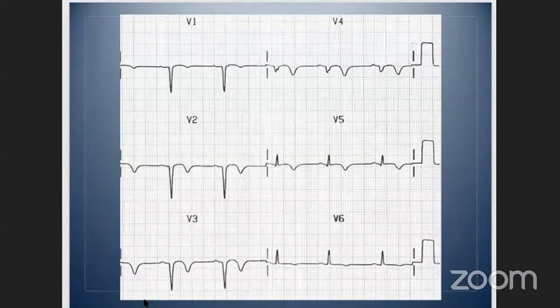So it's right axis deviation. And then looking at our PR interval, that is still regular. And then we have these deep pathological Q waves in our precordial right-sided leads. And then we have a somewhat biphasic T wave in V1, and then inverted T waves in V3.